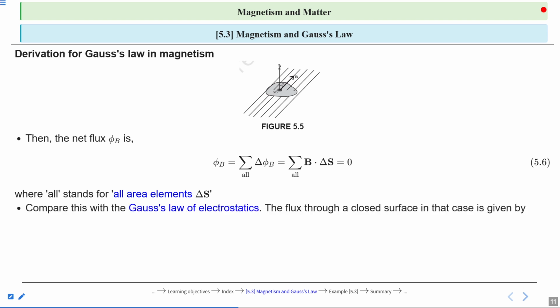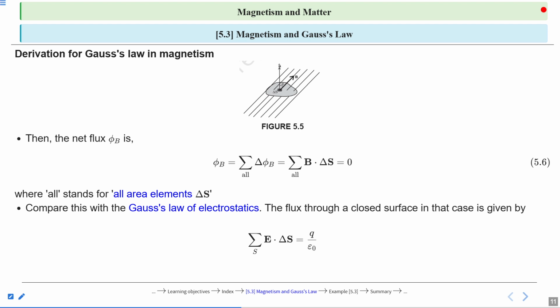Compare this with the Gauss law of electrostatics. By comparing this result with the Gauss law for electrostatics, the flux through a closed surface in electrostatics is given by the closed integral of E dot dS. That was the formula, and that was not equal to 0.